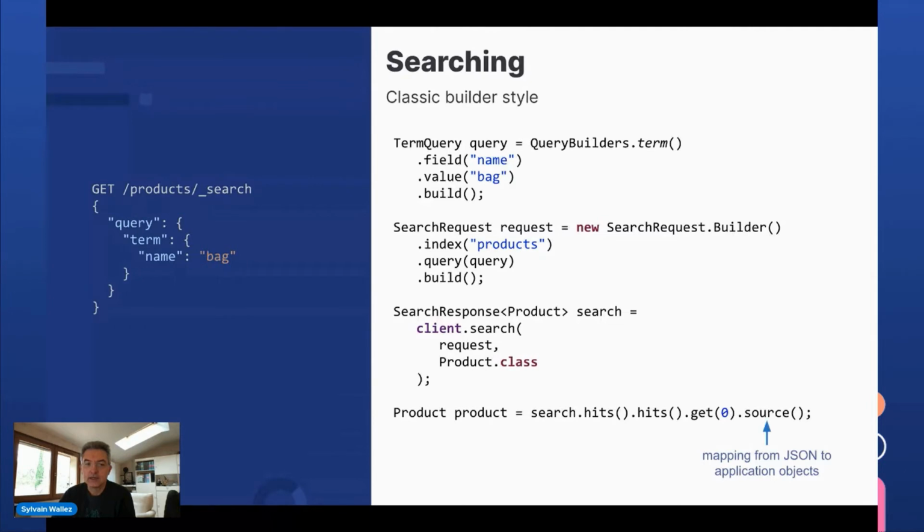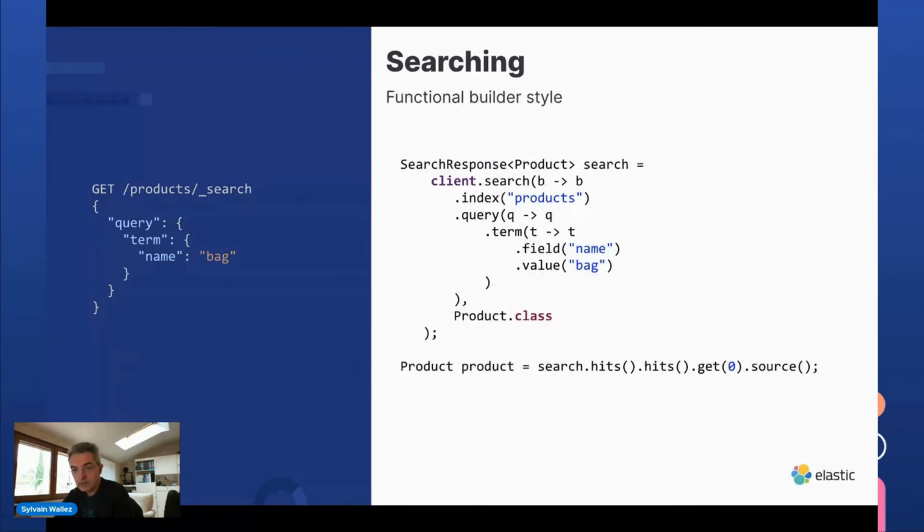And automatically, the client will use the JSON mapper to get back to your application object classes. So in the response, we get the search hits, we get the first one, we get 0, and then the source is not a byte array as it used to be, but it's directly your product instance.